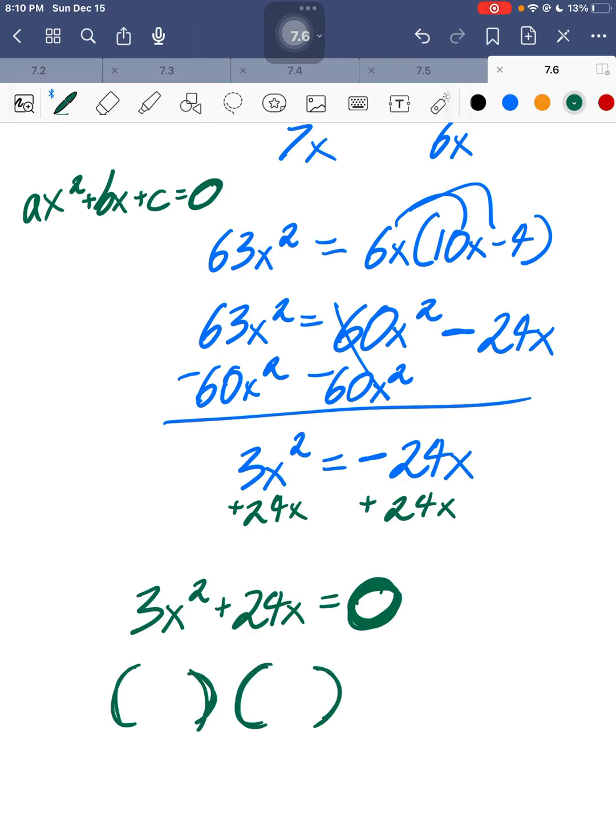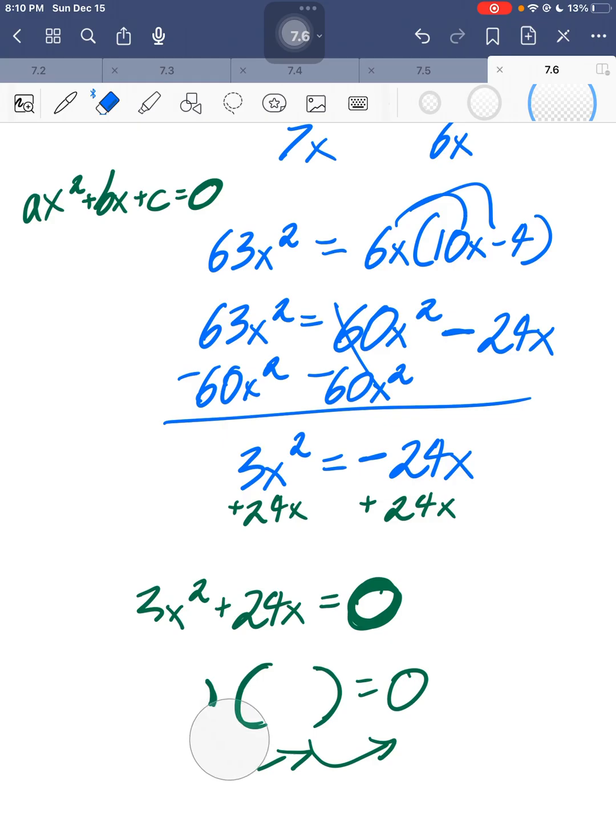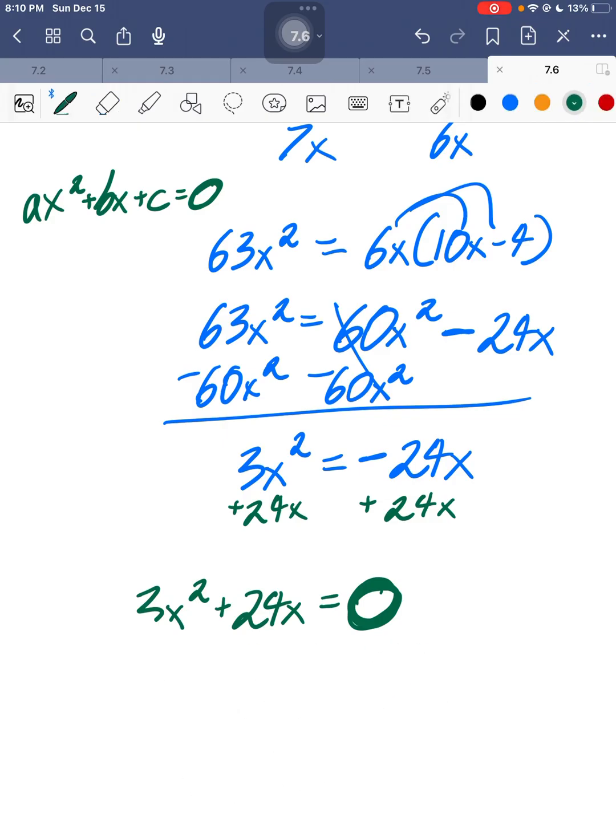Now, I need to set up some sort of parentheses, some set of terms that are going to be equal to this 0. So in order to do that, we have to factor. You should have learned this in Algebra 1.